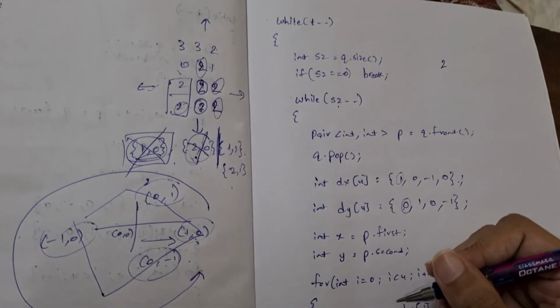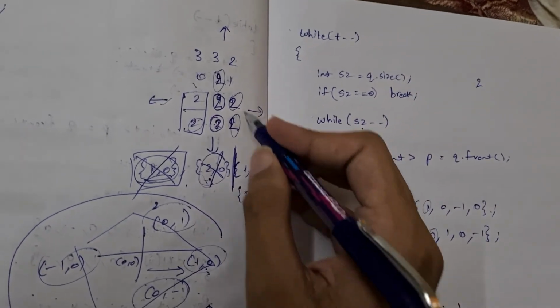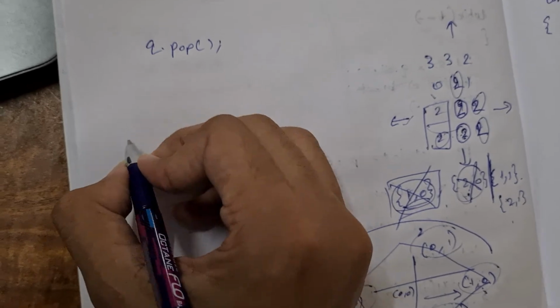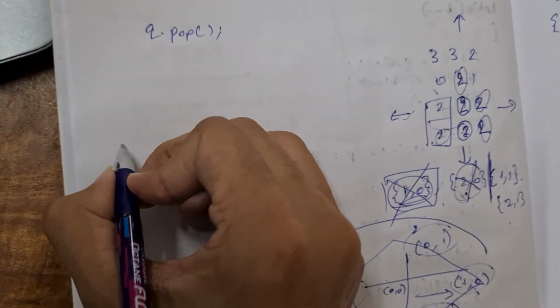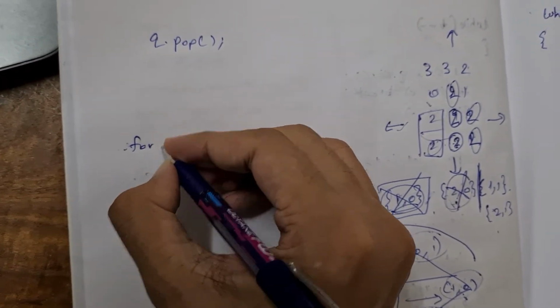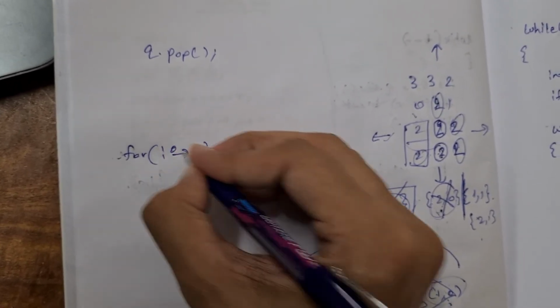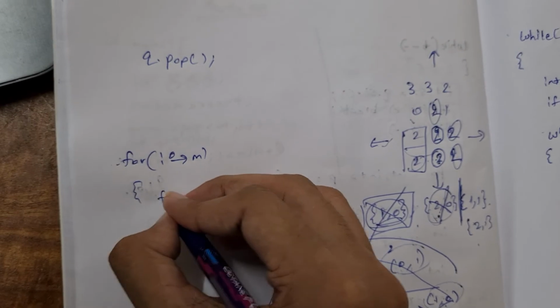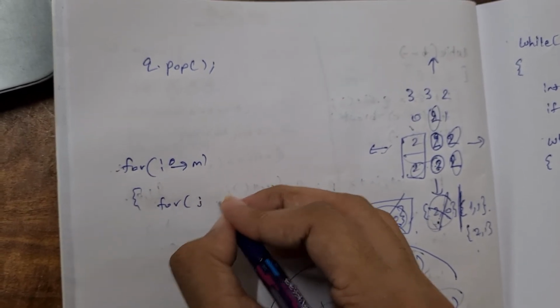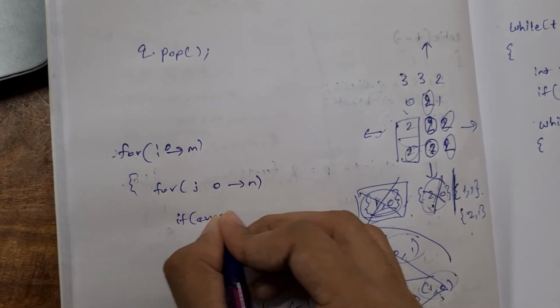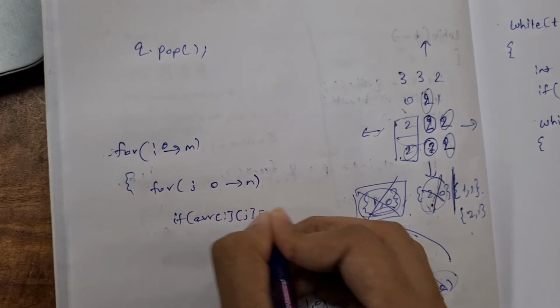So as we are exiting out of the loop, we have to find how many fresh apples are still remaining here. In order to find that, we can directly use a for loop. We have to traverse through for int i 0 to m, and then for int j 0 to n, we have to find if array of i of j is 1.